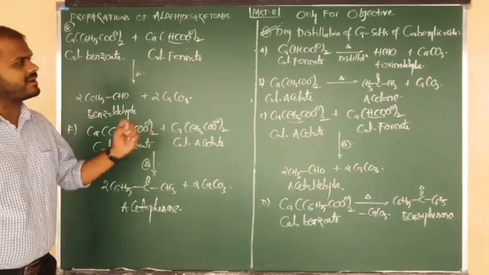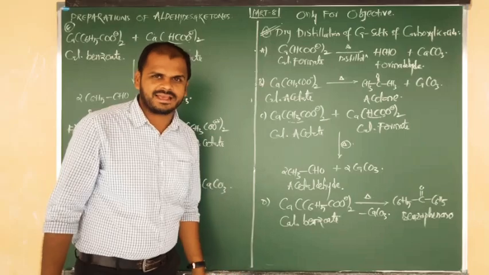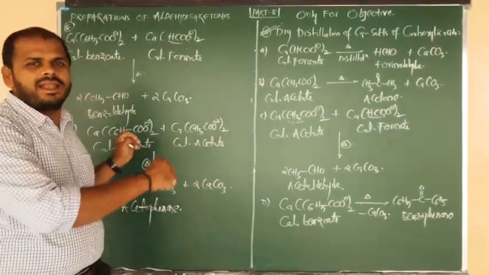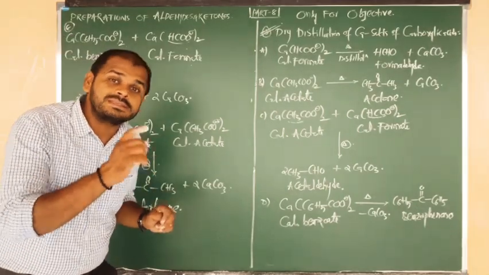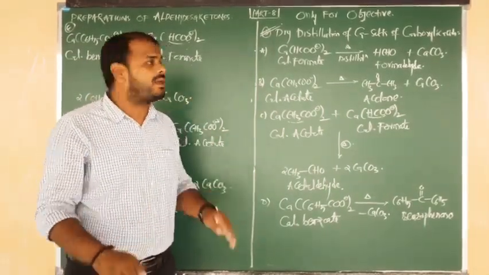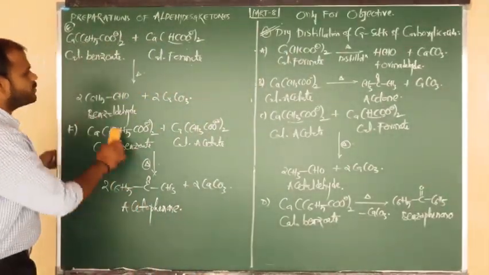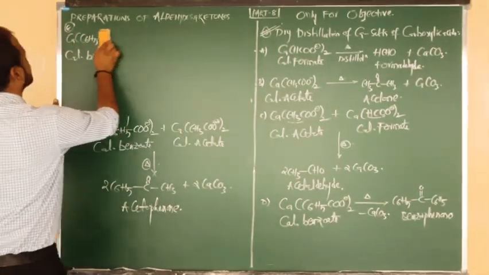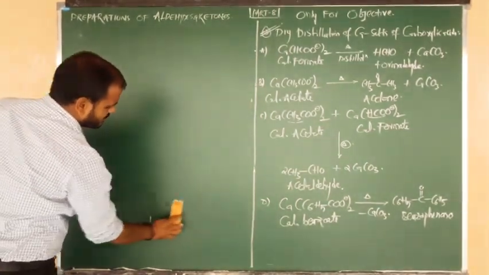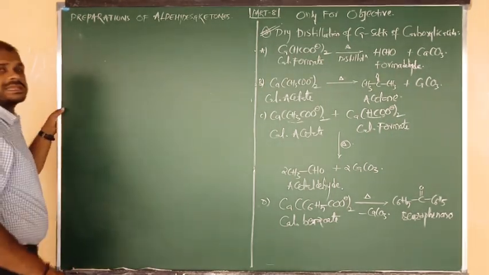From this dry distillation of calcium salts of carboxylic acids, not only open aldehydes and ketones, we can prepare the cyclic ketone also, by using this dry distillation method. I want to tell you one example. Upon dry distillation, we are going to prepare the cyclic ketone.